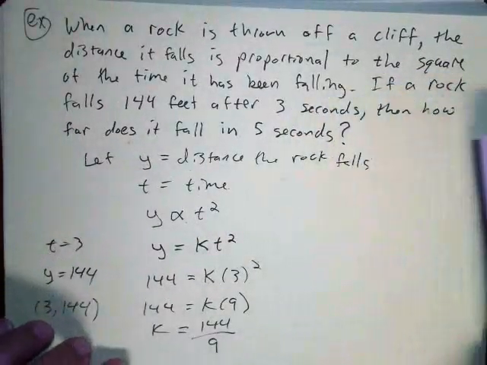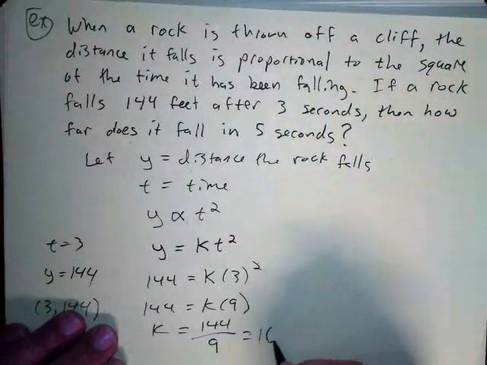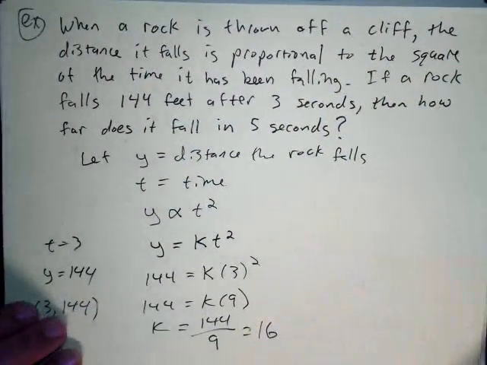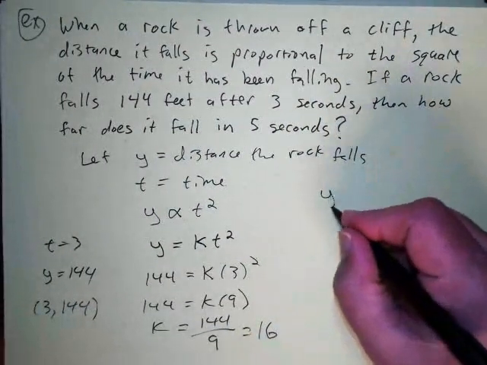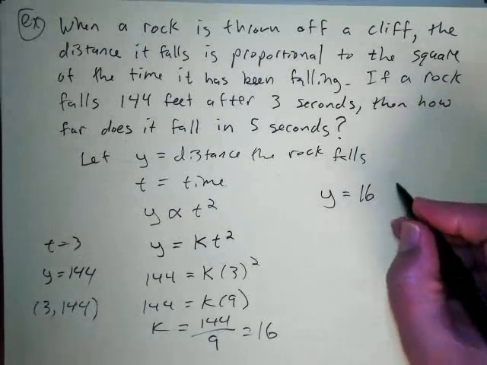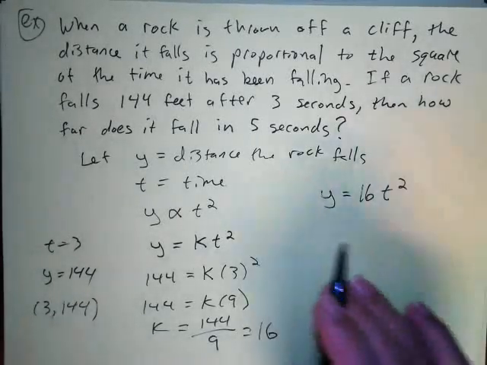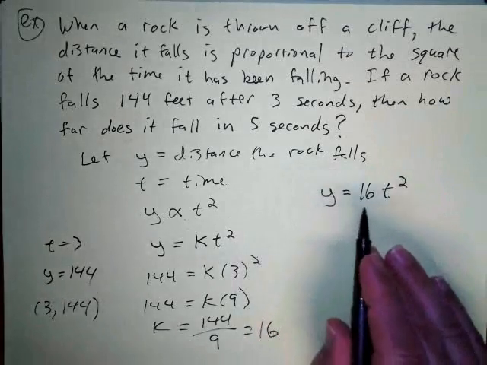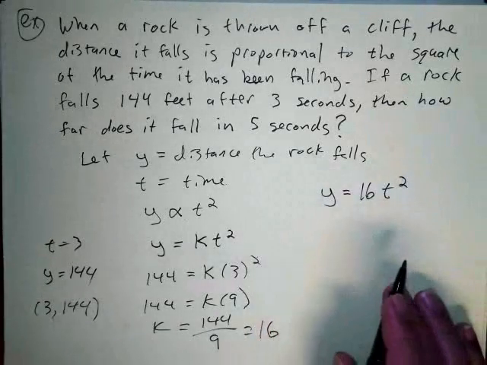And that actually comes out very nicely. It comes out to be 16. Okay? And so my final equation is going to be 16 times t squared. So the distance that a rock falls is equal to 16 times t squared.